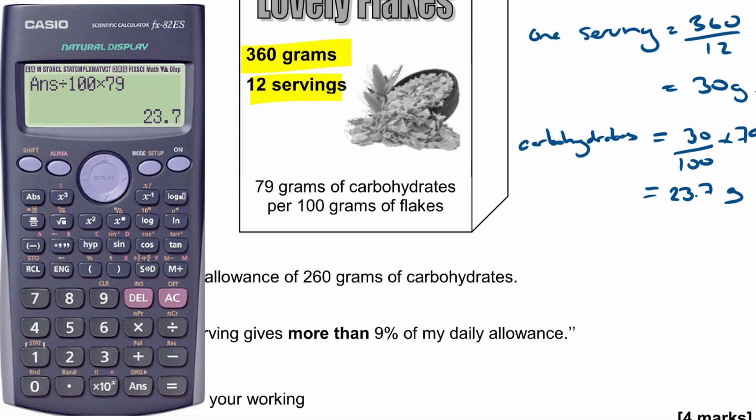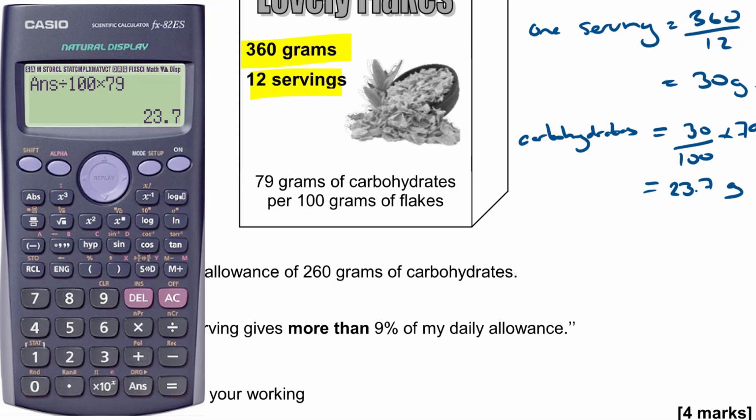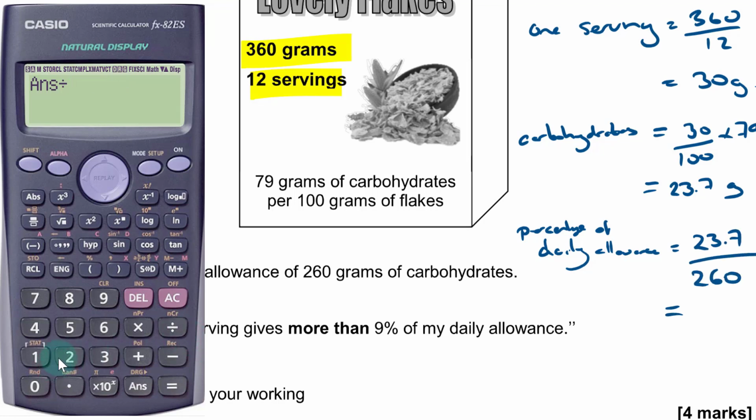So finally, we're told that her daily allowance is 260 grams of carbohydrates. So we want to work out what 23.7 grams is as a percentage of 260. So percentage of daily allowance is going to be 23.7 divided by 260.